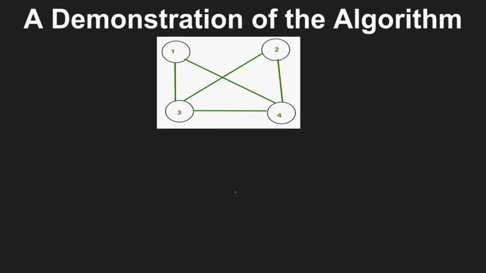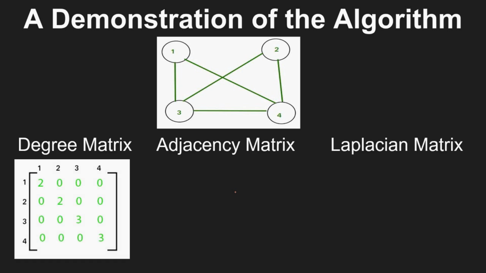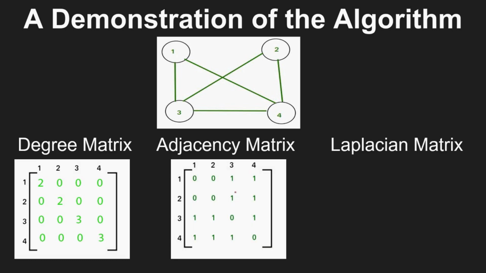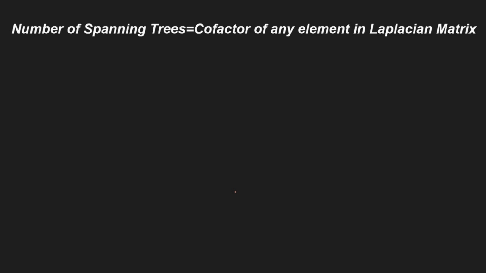To demonstrate this algorithm, consider the same graph we had before. The degree matrix for this graph will be this, the adjacency matrix will be this, and we get the Laplacian matrix by subtracting the two. To get the number of spanning trees, we find the cofactor of any element of the Laplacian matrix.